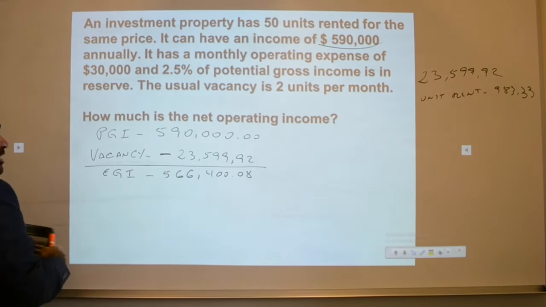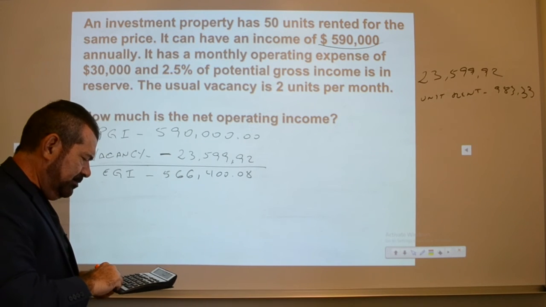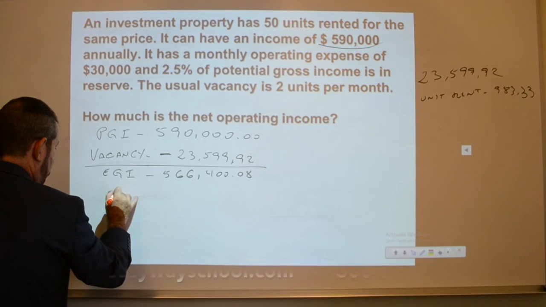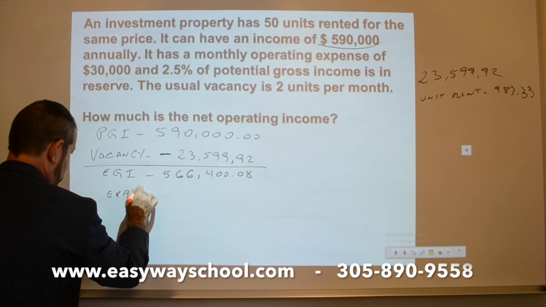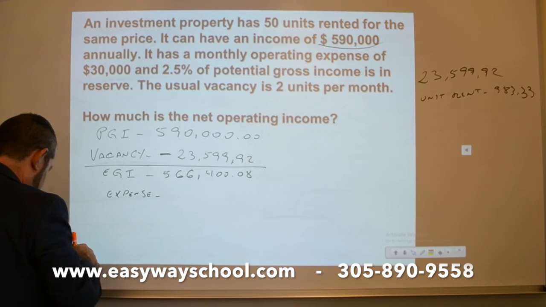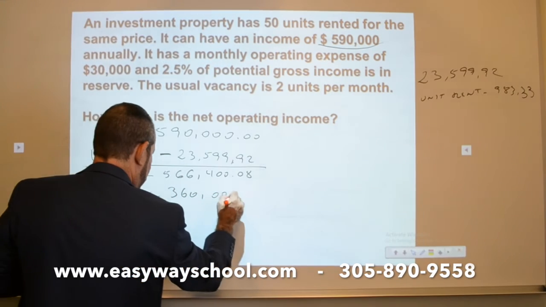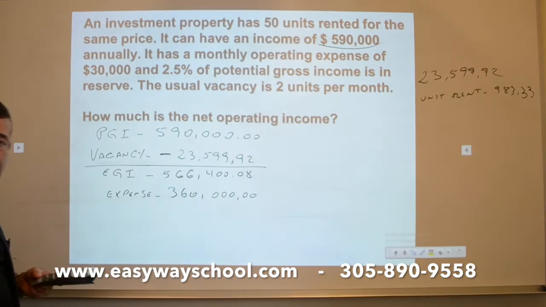So I'm going to take 30,000 and multiply by 12, and I have my expense at $360,000.